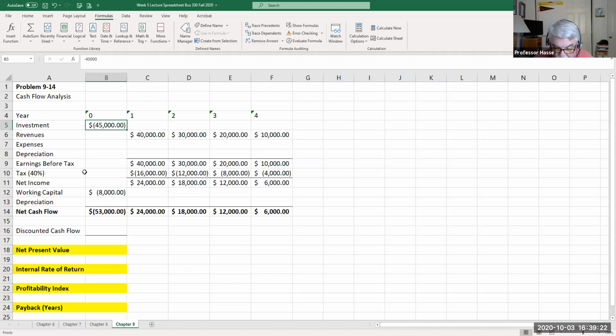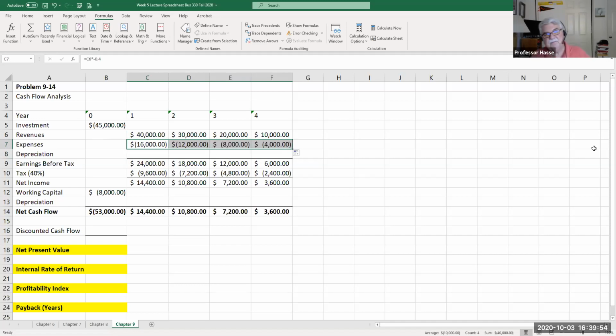And they also tell us, going out to the top of page 297, that the expenses of this project are 40% of revenues. So our expenses equal revenues times minus 0.4. Right? And we'll just slide that across and copy it.